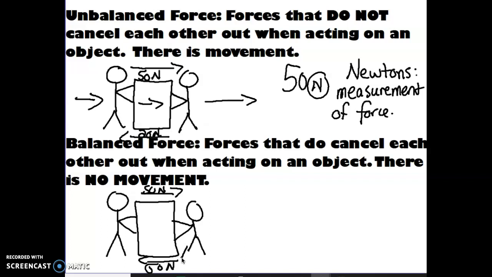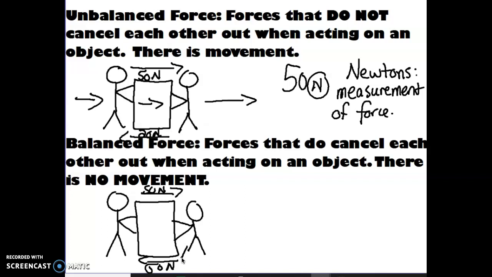If two teams are outside and they are both pulling on the rope with the exact same amount of force on both sides, the little flag in the middle, if you happen to have one, is not going to move, is it? Neither team is going to get dragged across the grass like we do when we have field day, because the forces are balanced. They are equal. They are the same.